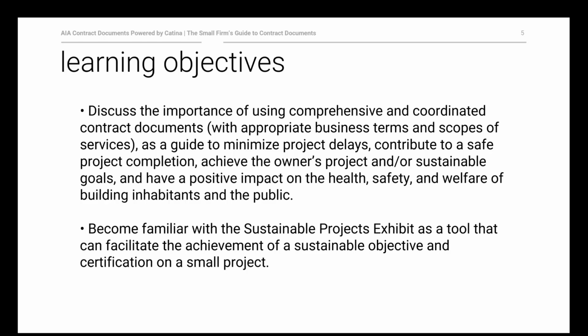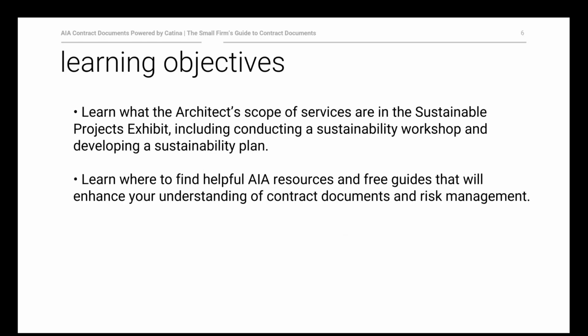We also want you to become familiar with the AIA Sustainable Projects exhibit and to understand how you can use that as a tool to facilitate achieving the sustainable objective for a project and/or its certification. We want you to understand why the architect's scope of services are what they are in a sustainable project and how they're incorporated into the sustainable project exhibit.